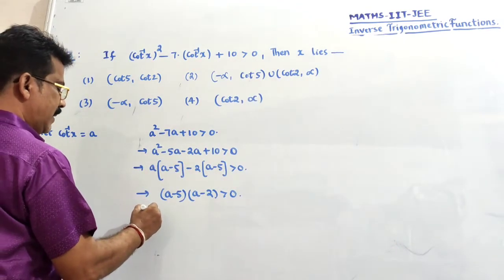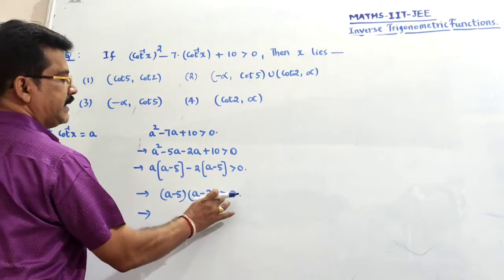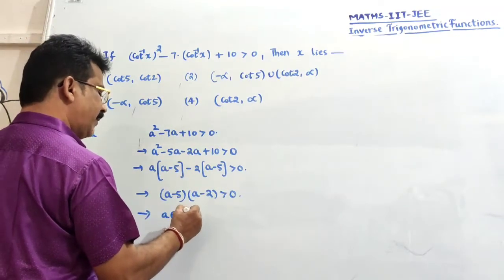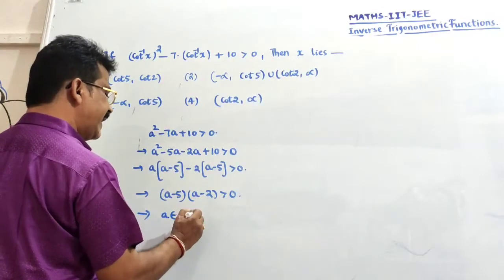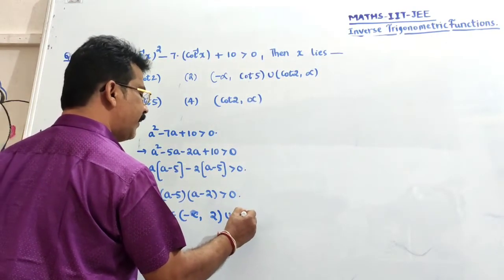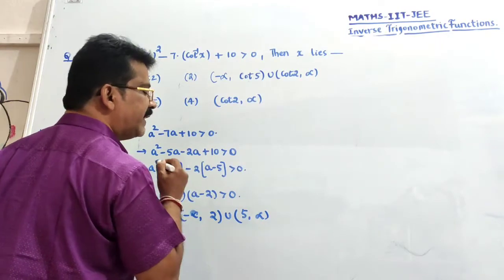I already explained this relation. Then a belongs to the open interval minus infinity to 2 union 5 to plus infinity.